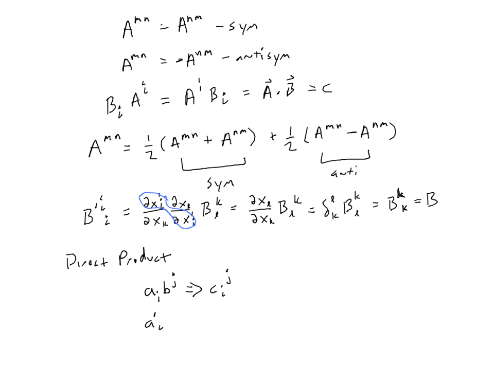So A prime I, B prime J is equal to taking the transformation matrix, A_K, and then the transformation matrix, oops, I forgot this is supposed to be primed here, and then another transformation matrix, acting on B_L.